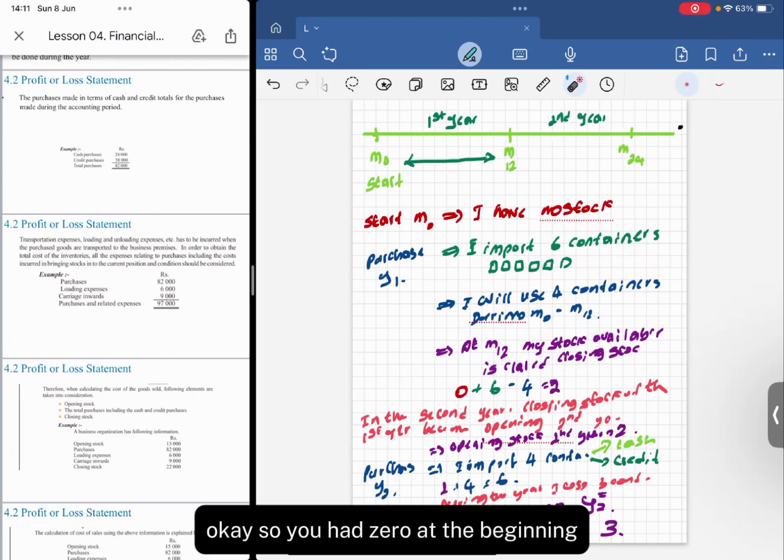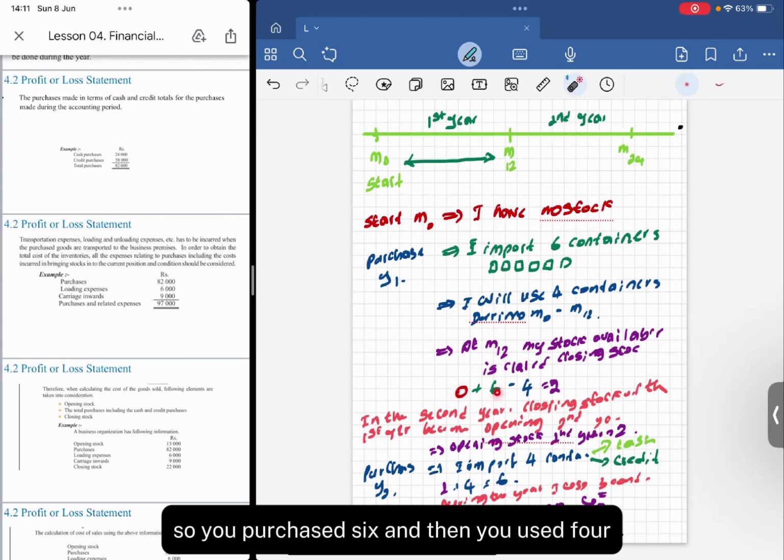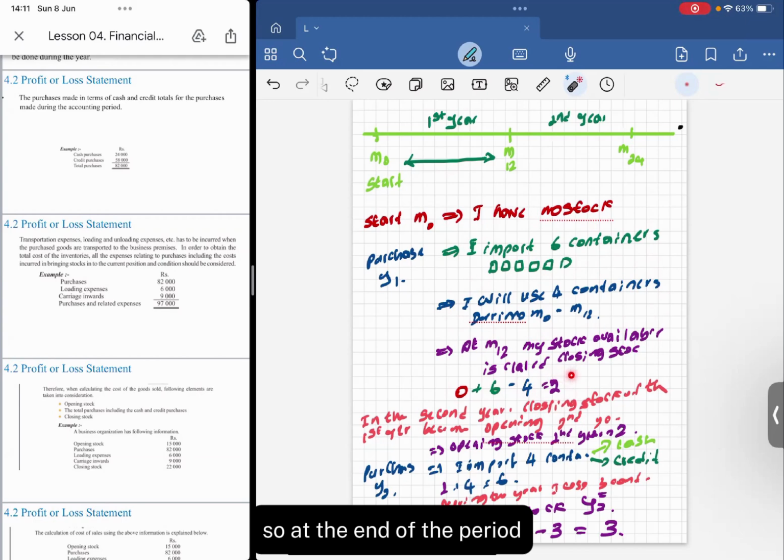So you had 0 at the beginning, you purchased 6, and then you used 4. At the end of the period you will be left with 2 containers. That will be the closing stock.